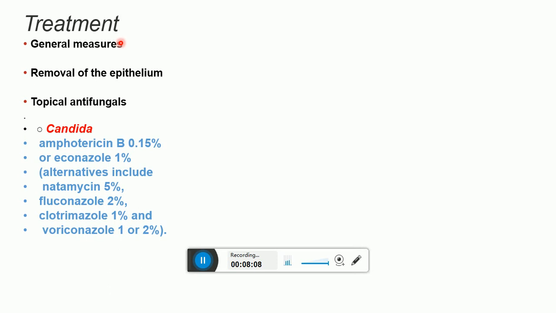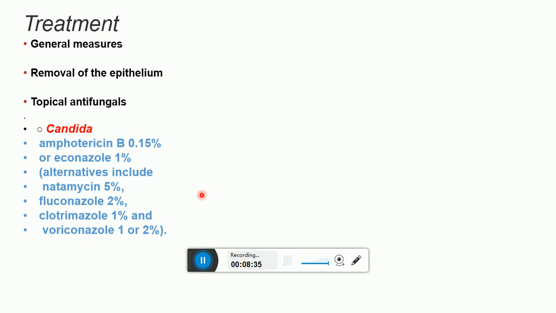Treatment. Improvement may be slow in comparison to bacterial infection. General measures are as for bacterial keratitis, although hospital admission is usually required. The general measures are discontinuation of contact lens wear and a clear plastic eye shield.